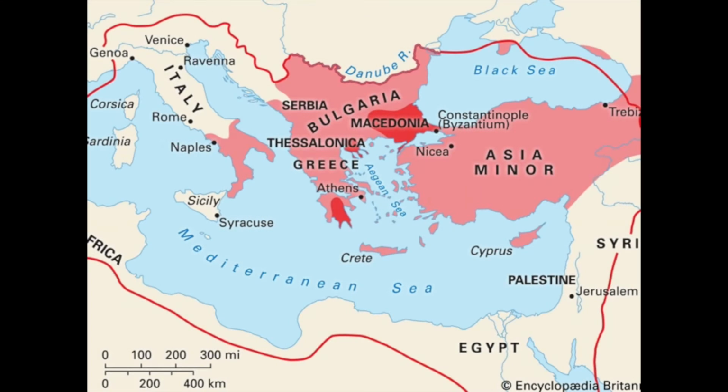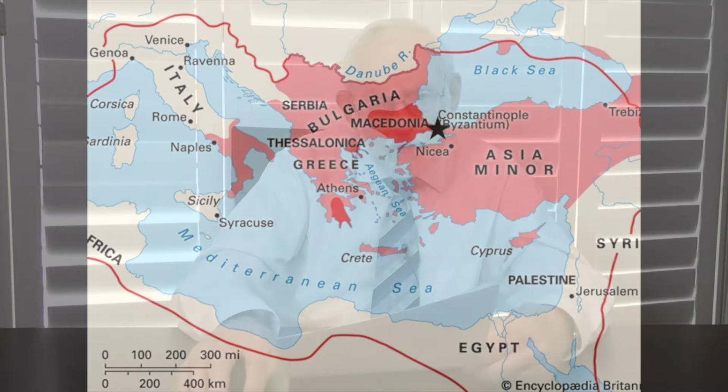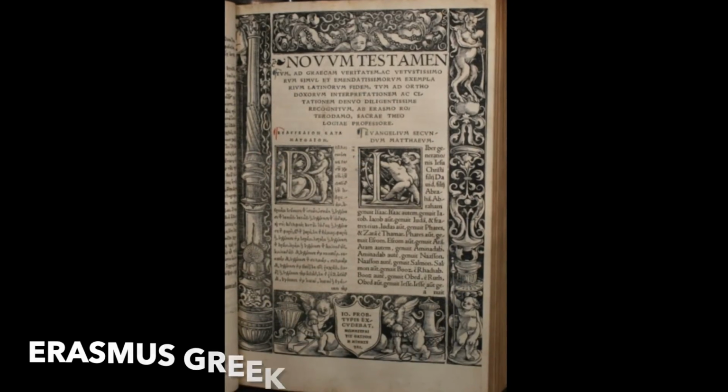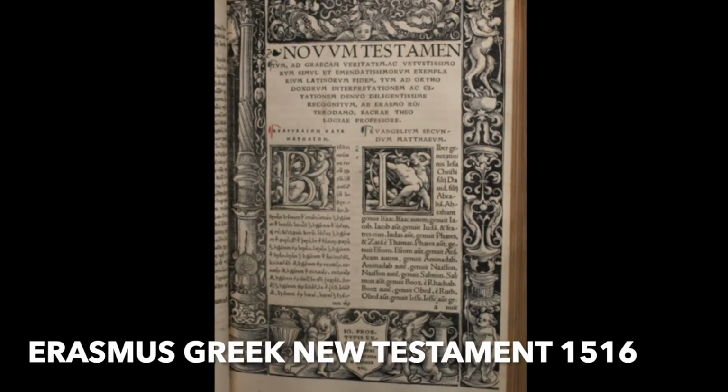The city of Constantinople was overrun by the Muslims, and the scholars who had been in Constantinople fled to the west, and with them they brought their knowledge of Greek. Erasmus was one of these, and he published his Greek New Testament in 1516. You notice that was after the invention of the printing press.